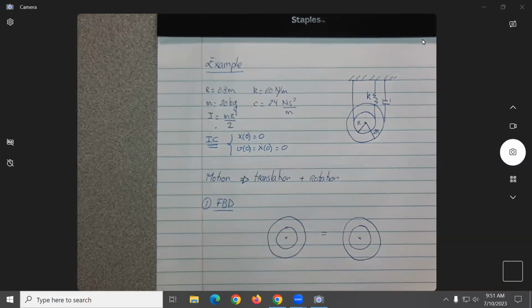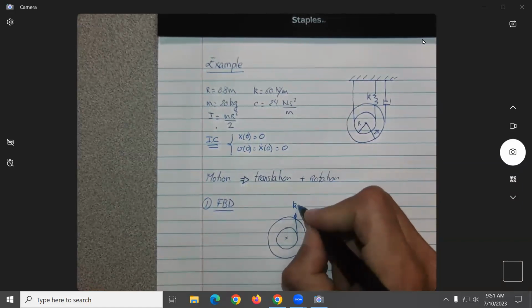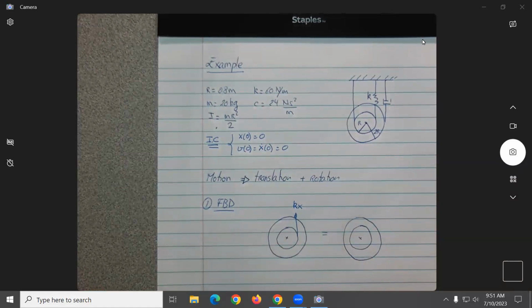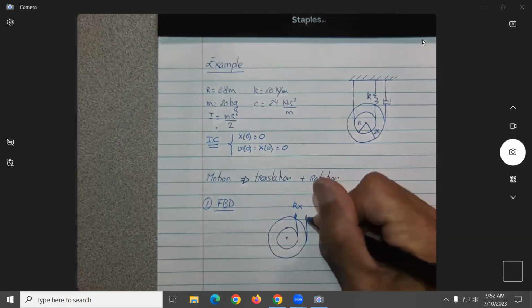Okay, now, what would be the forces being applied over here? So the force of the spring applying here, let's say this will be Kx. What else? The force of the damper here, that one should be equal to what?